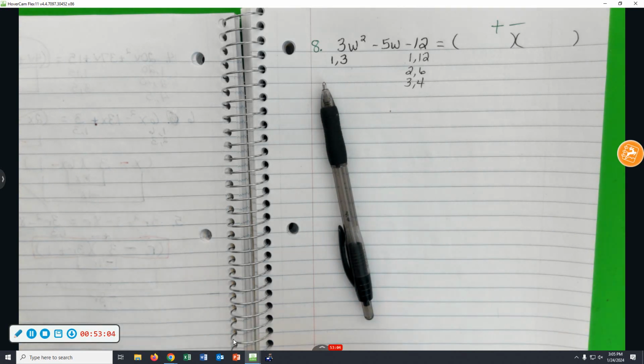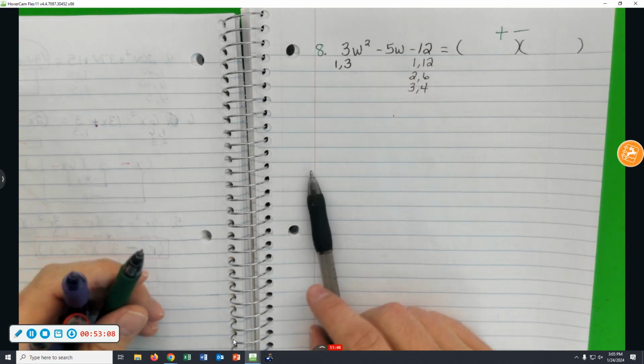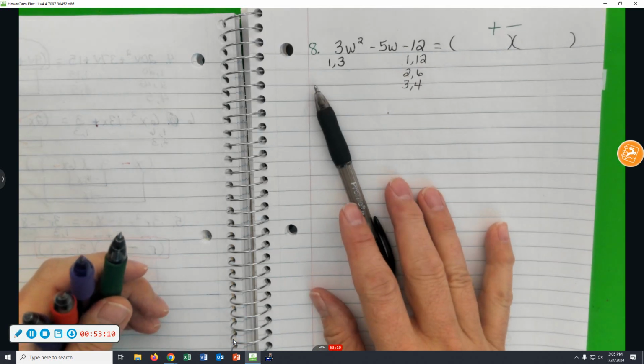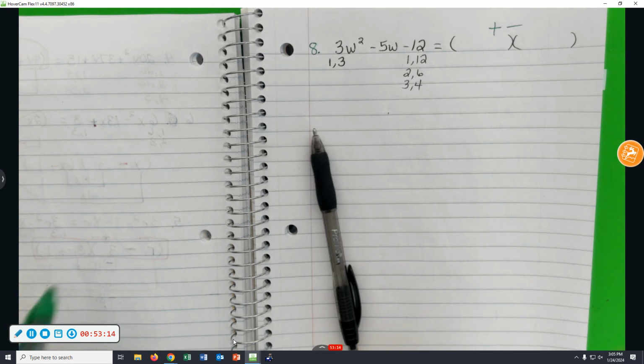I type 12 into the calculator, and it won't give me these numbers. And inside, I sort of cried a little. I got her a multiplication table, the old-fashioned multiplication table printed out, and suggested maybe she wants to try studying that. That's her problem. She didn't know the multiplication tables.